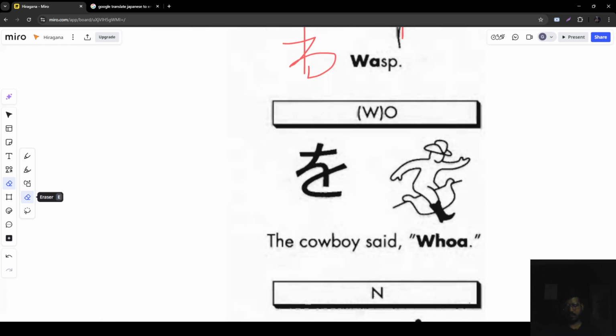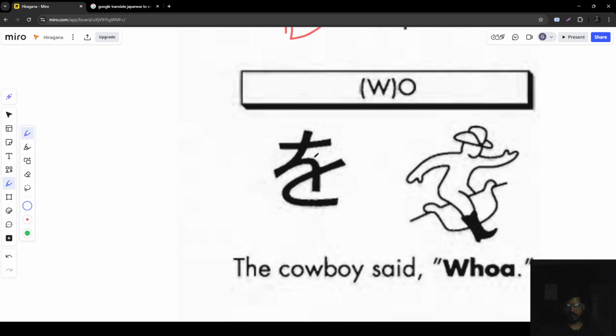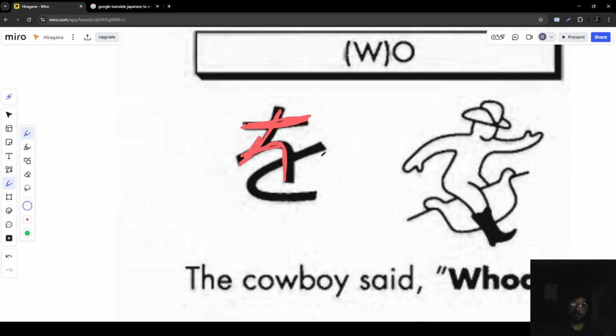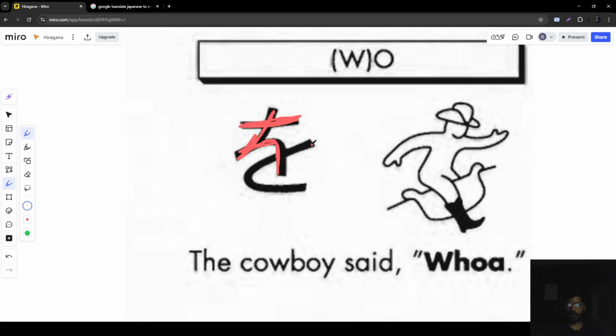So you can assume this as a cowboy. This is a cowboy. It also looks like a human if you see. These are the two legs. This is the body. These are the arms. So a cowboy said, "Whoa, I'm coming to fight.